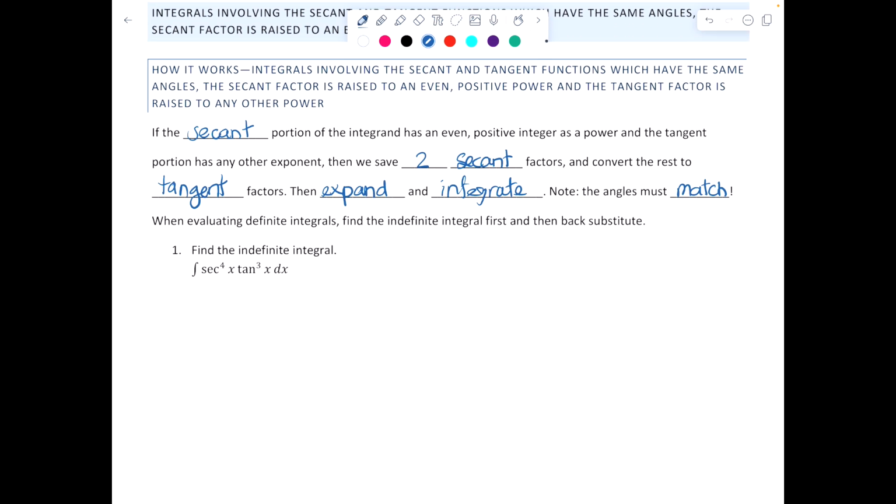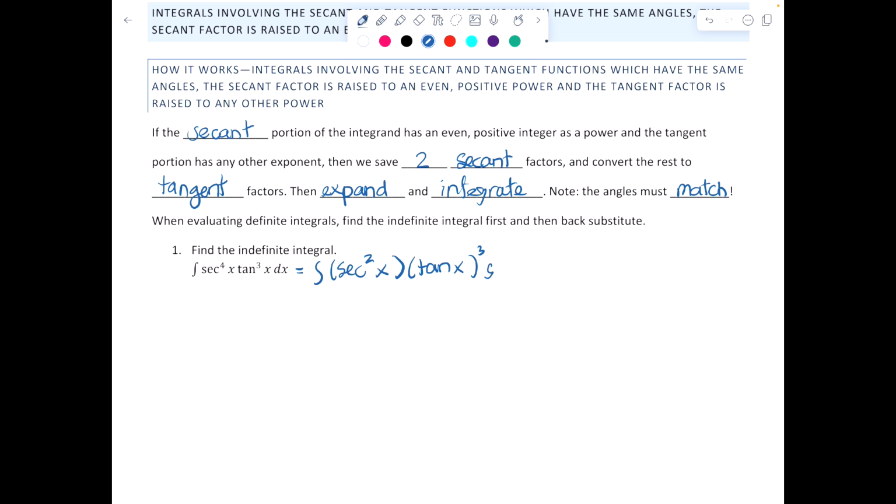All right, so here we go. We've got the secant function and the tangent function. The angles are the same. The secant function is even, and the tangent function has any other exponent. It doesn't matter. So we're going to rewrite this as secant squared at x times tangent at x, the quantity cubed.